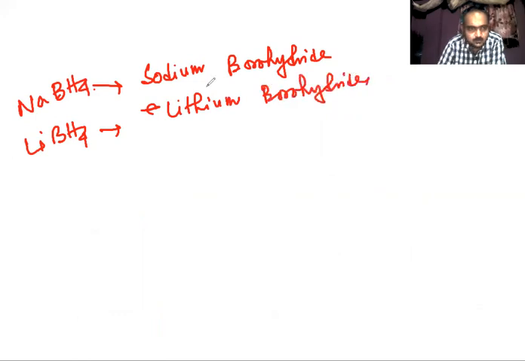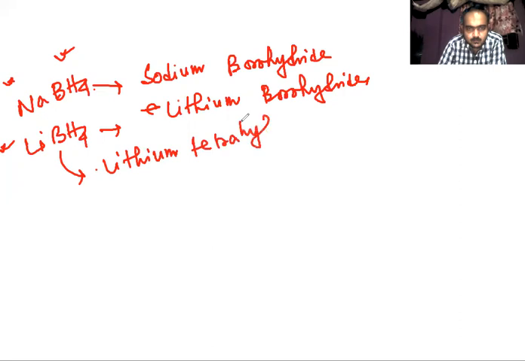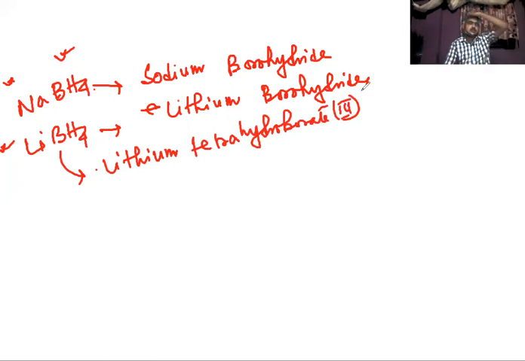These are also hydrides of boron. These are known as tetrahydroborates. Why are these called tetrahydroborates? You will write down the IUPAC name: lithium tetrahydroborate(III). This is the IUPAC name of LiBH4.